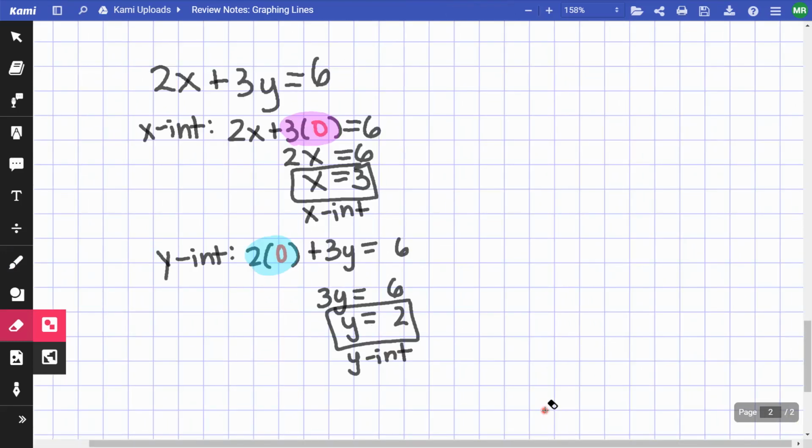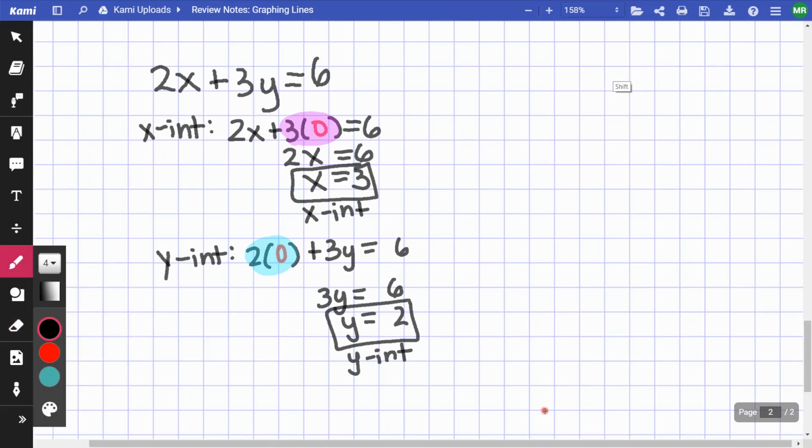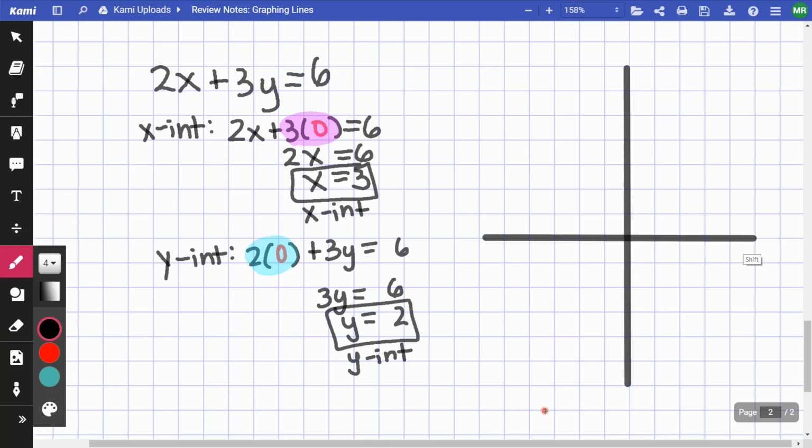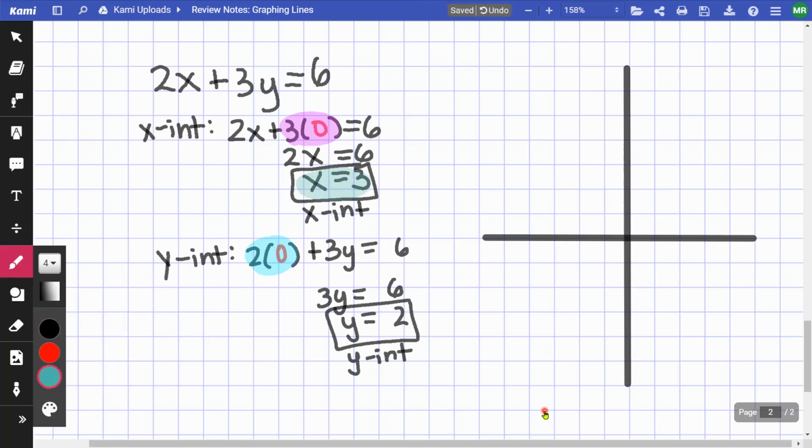So now I can graph and plot because I only need 2 points for a line, my x-intercept and my y-intercept. So I'm going to plot my x-intercept, which is 3. So I got a point right there.